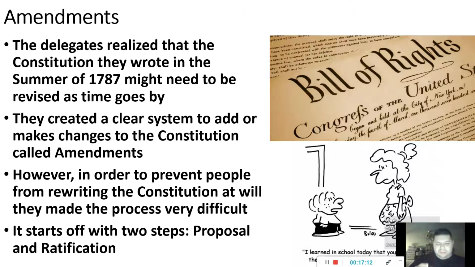So instead of making our Constitution like stone, let's make it like clay. So they left room for interpretation, for words not to be like, this is exactly how it's going to be, this is exactly how it's going to go. They kind of made it vague. Okay. And also they left room for it so that the people could add laws to it.